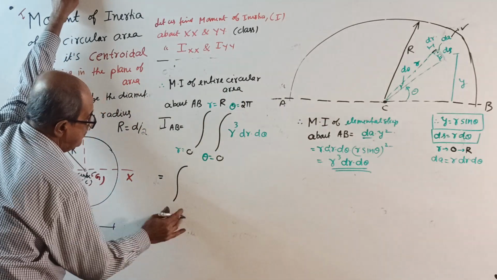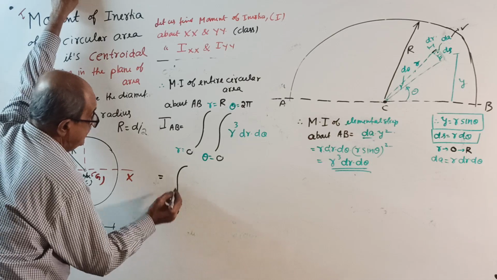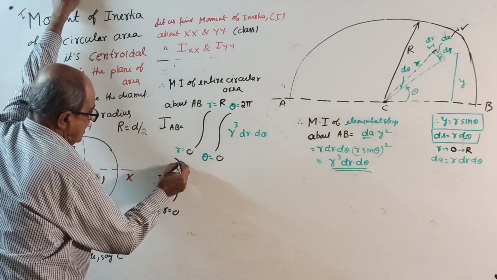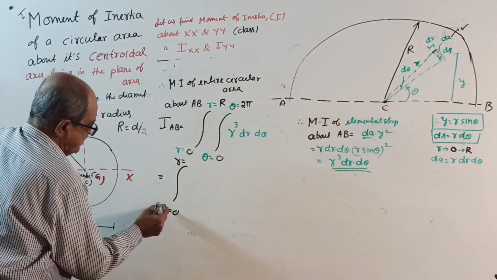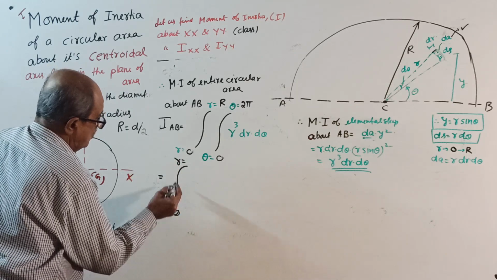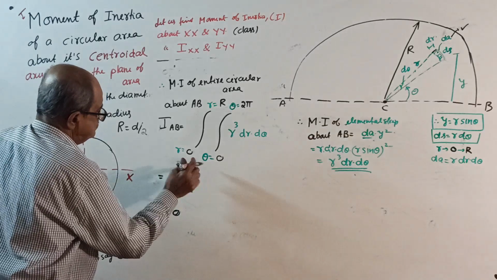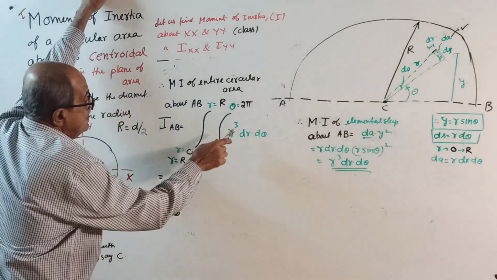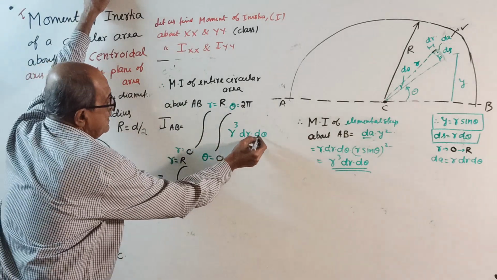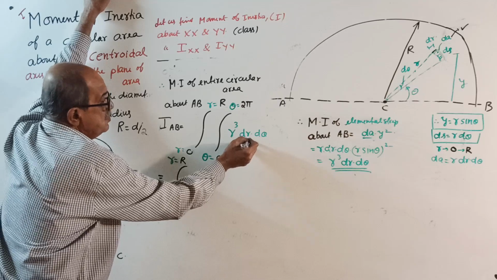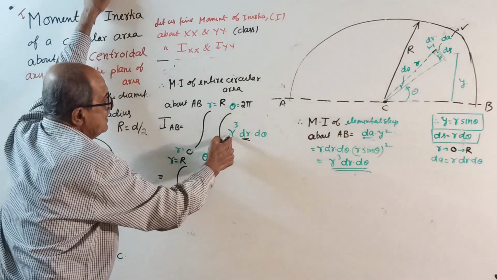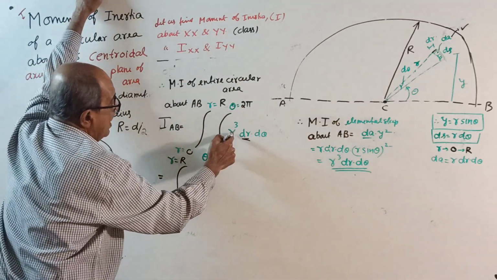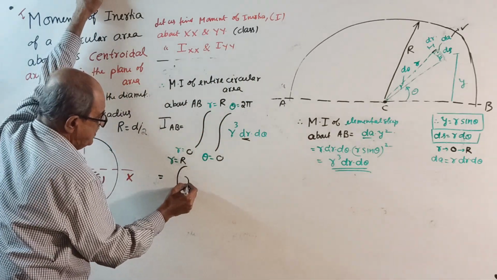Do one thing. Integration of r equal to 0 to r equal to capital R, and dr you write last.